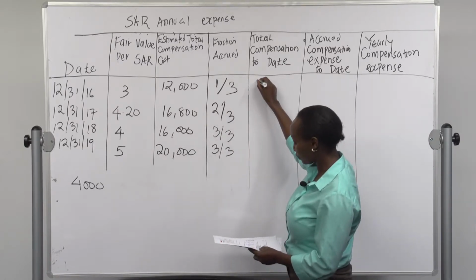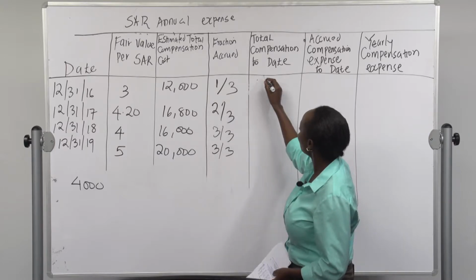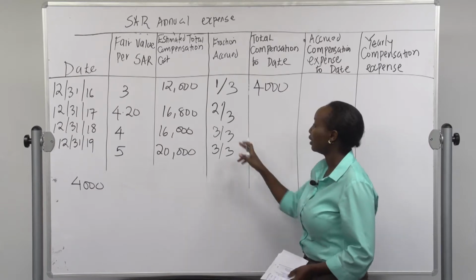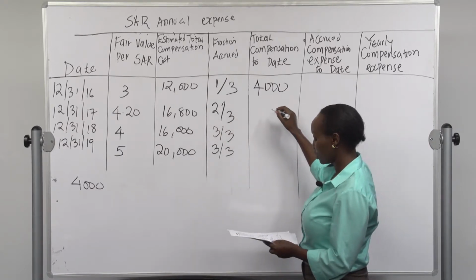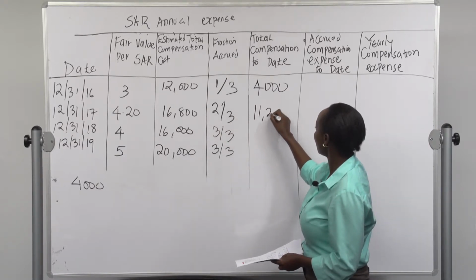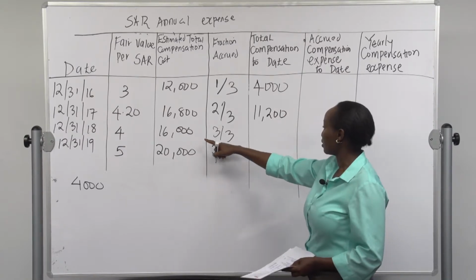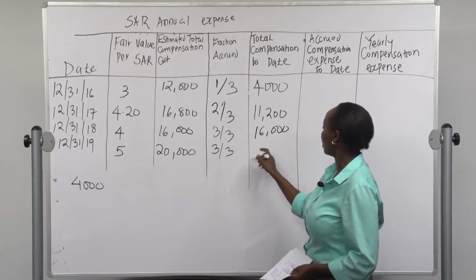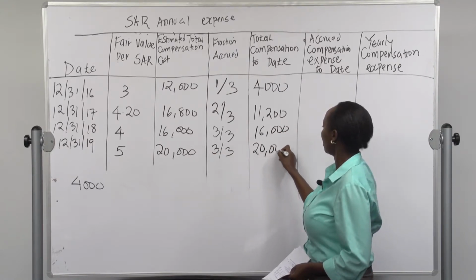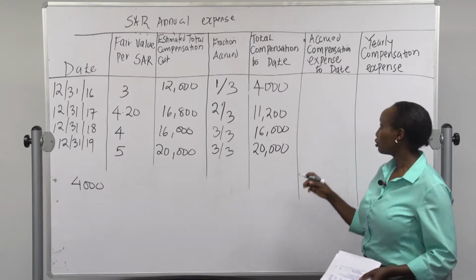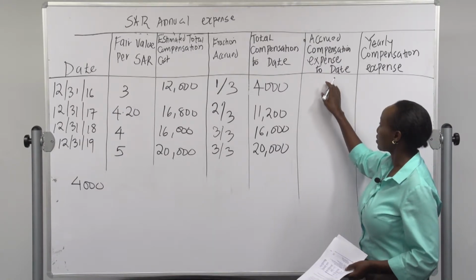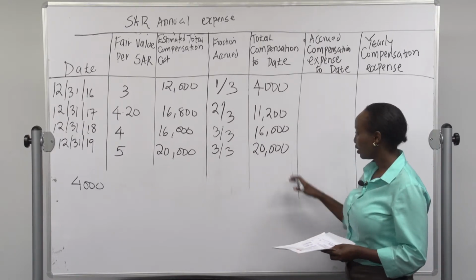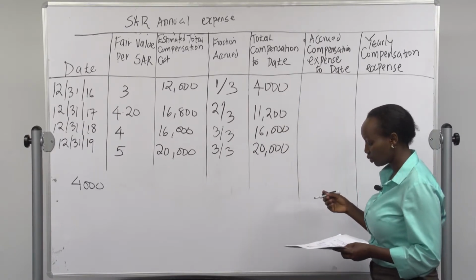So we have a third of 12,000, which is 4,000 for 2016, and 2/3 of 16,800 for 2017, which is 11,200. For 2018, this is the entire amount, 16,000, and in 2019 we have 20,000. So the accrued compensation expense, the total to date, is what we have here. It's changing based on what we have.